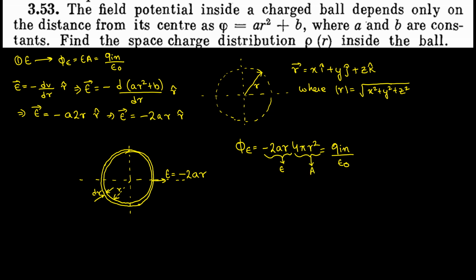Charge inside is the volumetric charge density as a function of r into volume. And what is the volume of this shell? Surface area into thickness, so 4 pi r square, the surface area of the shell, into dr, the thickness of the shell.